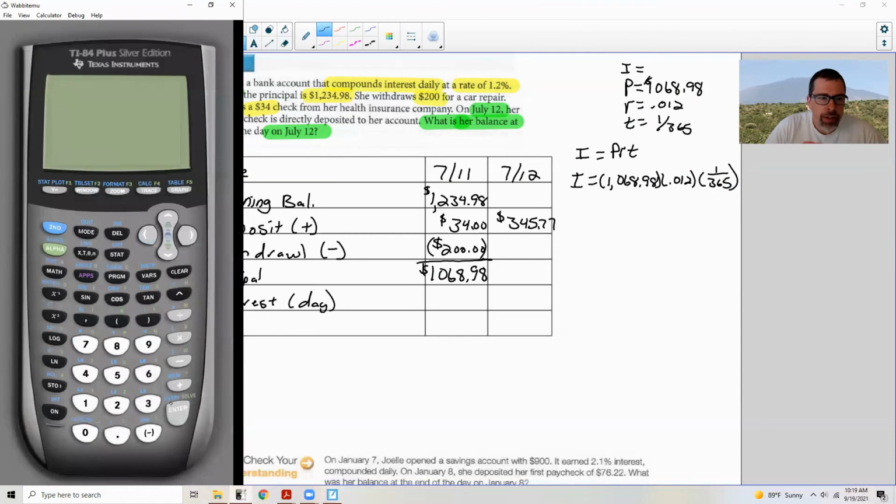So we're going to put that in our calculator. 1068.98 times 0.012 times parentheses 1 divided by 365. And we get 0.035. So we're going to round that interest to the nearest penny. So it's going to be 0.04.